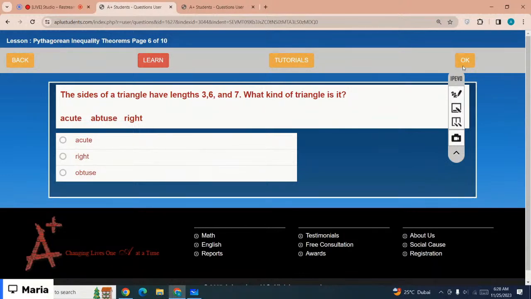The sides of the triangle are 3, 6, and 7. What kind of triangle is it? Yes, that is again an obtuse triangle. The correct option is obtuse triangle.